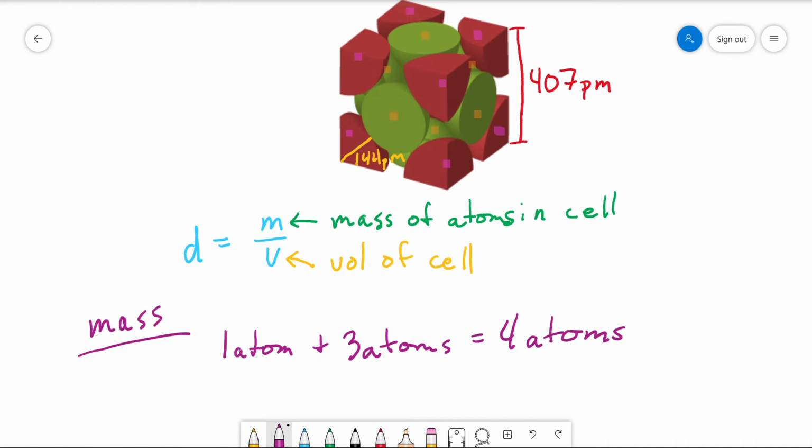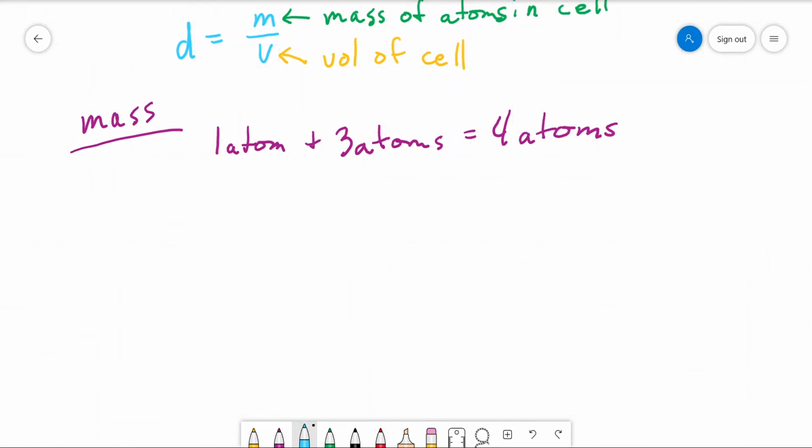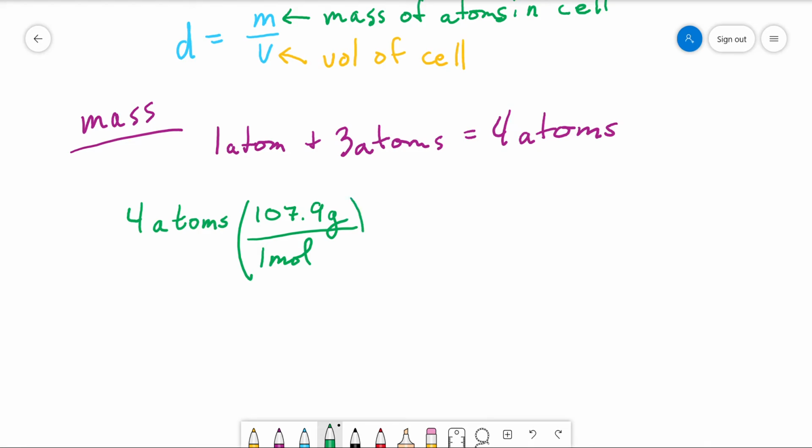Okay. So now let's figure out the mass of 4 atoms. All right, and we know that 1 mole of silver has a particular mass, and that mass is 107.9 grams.